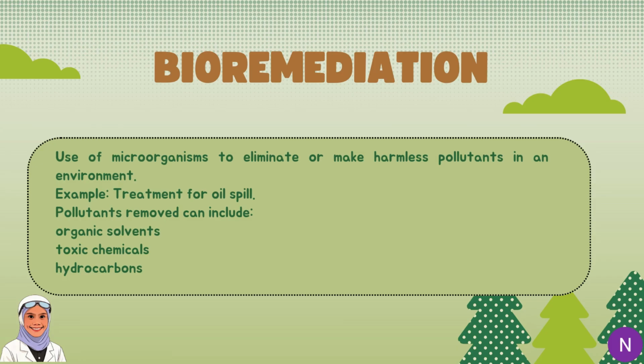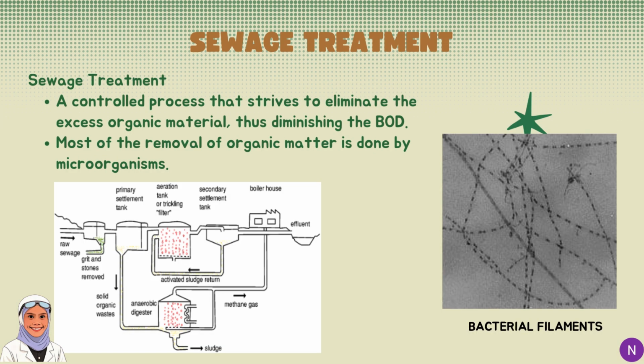So again, what is bioremediation? It is basically the process where we make use of microorganisms to reduce or eliminate the pollutants in the environment. There are actually different types of pollutants that exist. Some we call hydrocarbons, organic solvents, and toxic chemicals, and these are the common types of pollutants that are exposed in the environment.